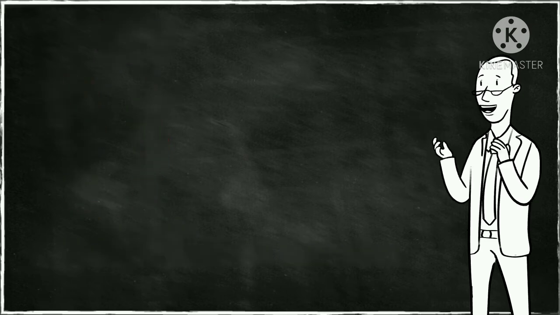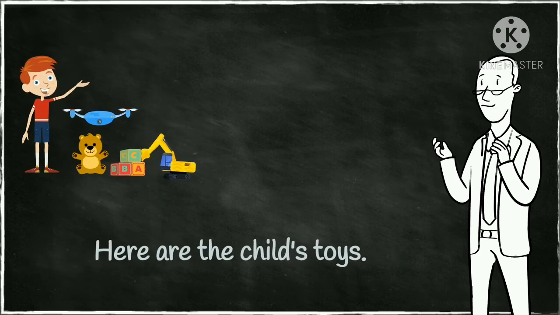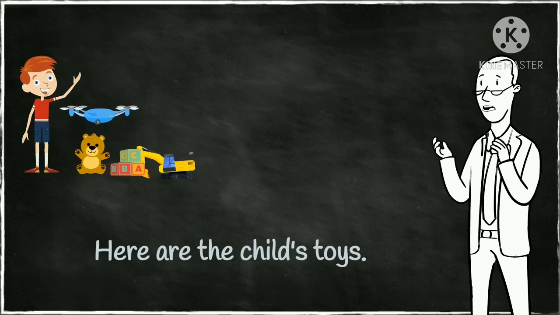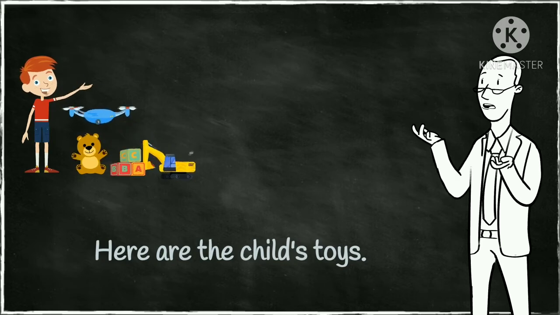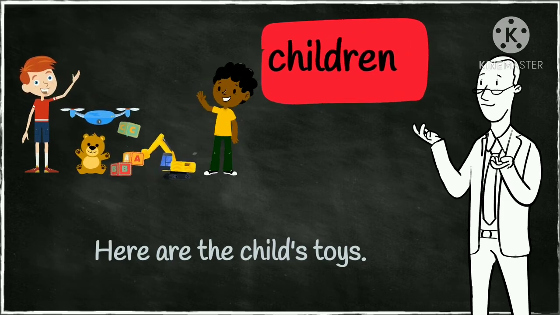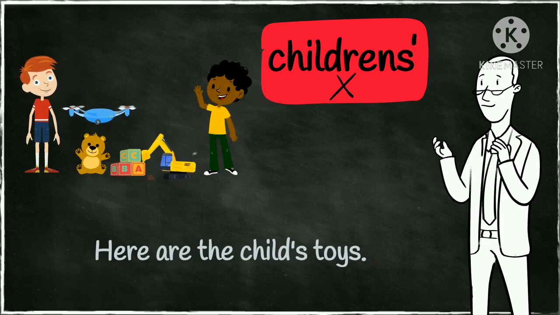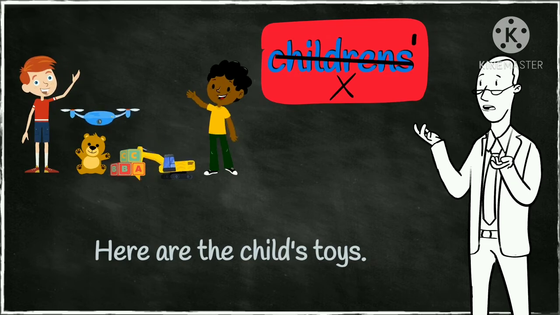Another example. Here are the child's toys. The toys belong to one child. Let's say the toys belong to more than one child. The plural form of child is children. We don't put the apostrophe after the S because children's isn't a word.